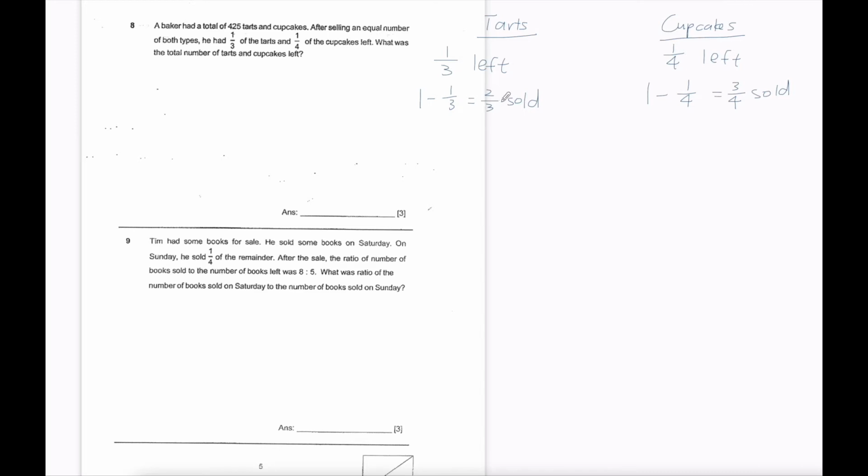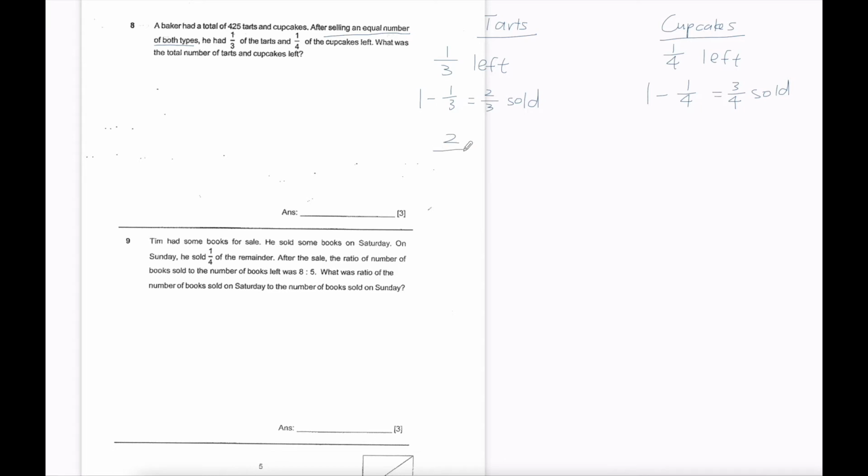So 2/3 sold, 3/4 sold. But they are both an equal number. So this is 2 units and this is 3 units. I need to make them the same because they sold the same number. So this time we need to make our numerator the same. What's the common multiple of 2 and 3? It will be 6.